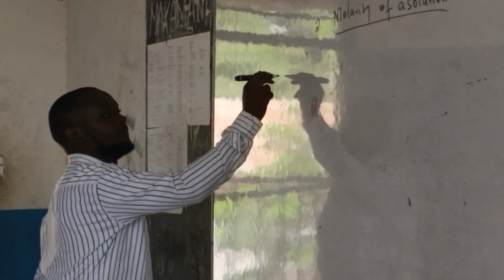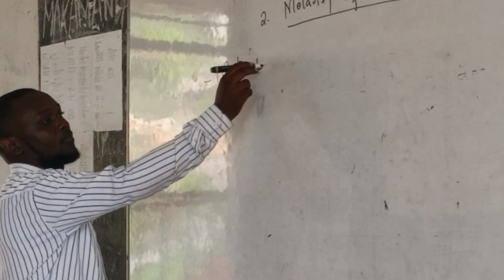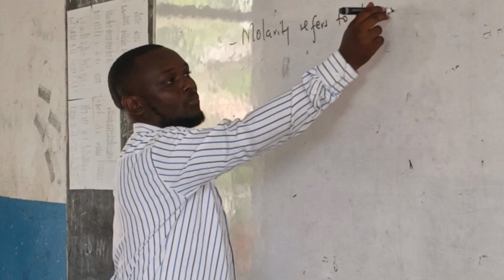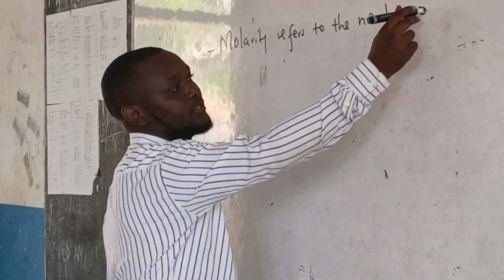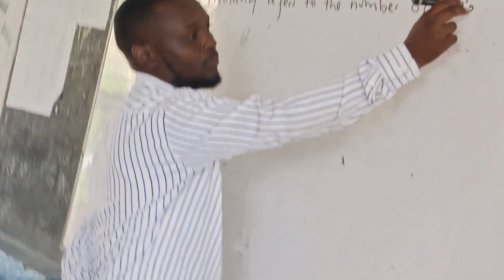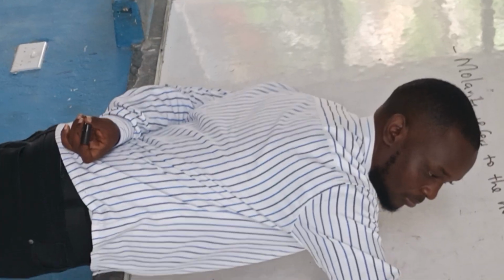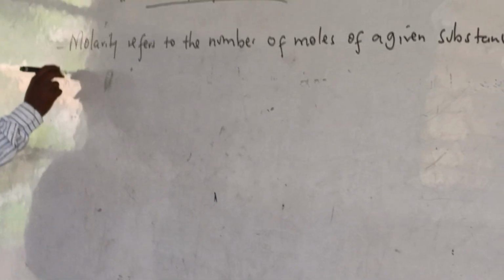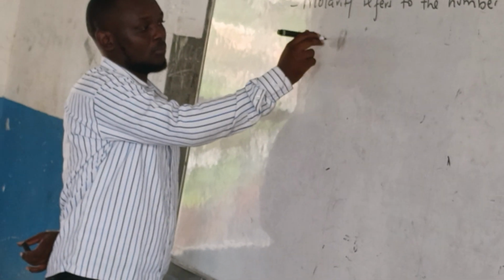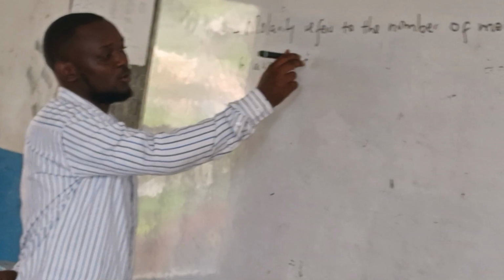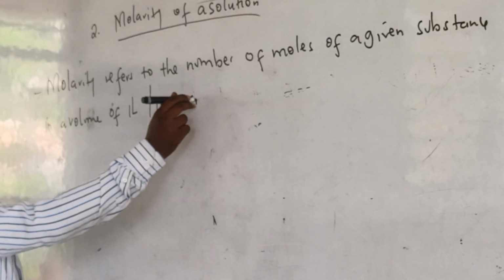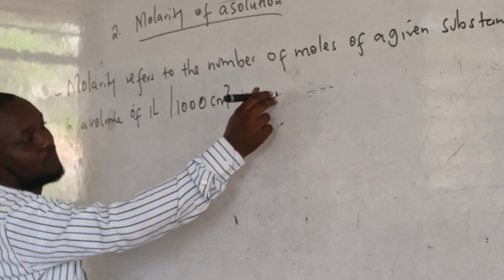Molarity: the number of moles of a given substance in a volume of 1 liter or in 1,000 cubic centimeters of water.